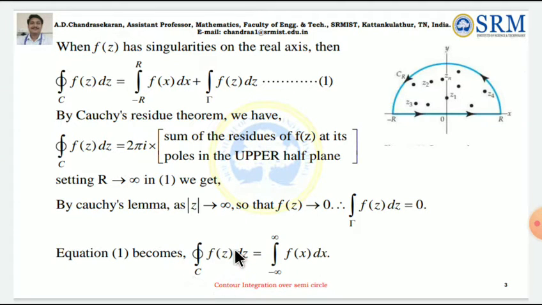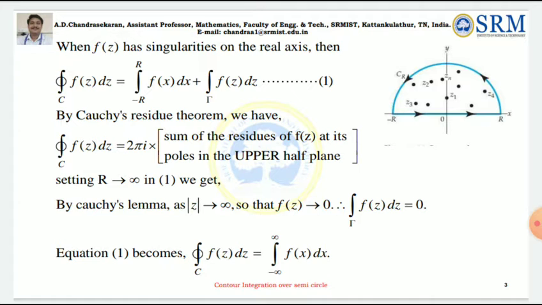So over the semicircle in the upper half of the plane, it becomes the real improper integral, minus infinity to plus infinity f of x dx. So this is the complete idea behind this type number 2. Got it? Let us see the problem.